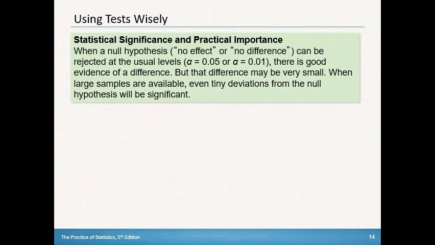So when we reject the null hypothesis at an alpha level of 0.05 or even smaller, that just means that there's good evidence that there actually is a difference, that the true parameter is probably not the null hypothesized value, but is different. All right, but that difference can be pretty small, especially when you have large samples.